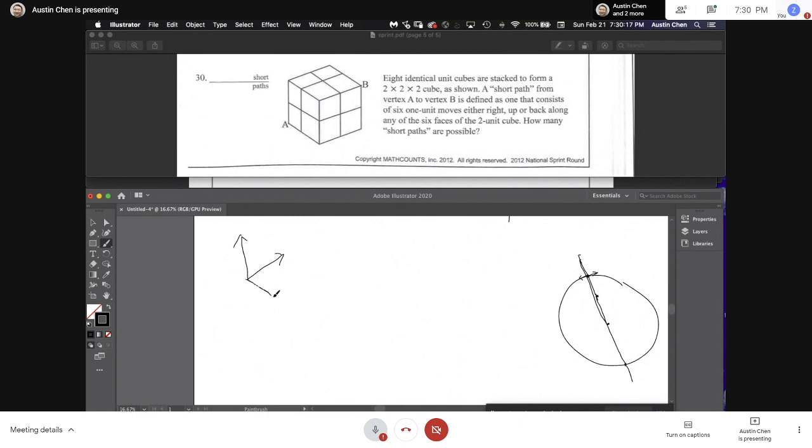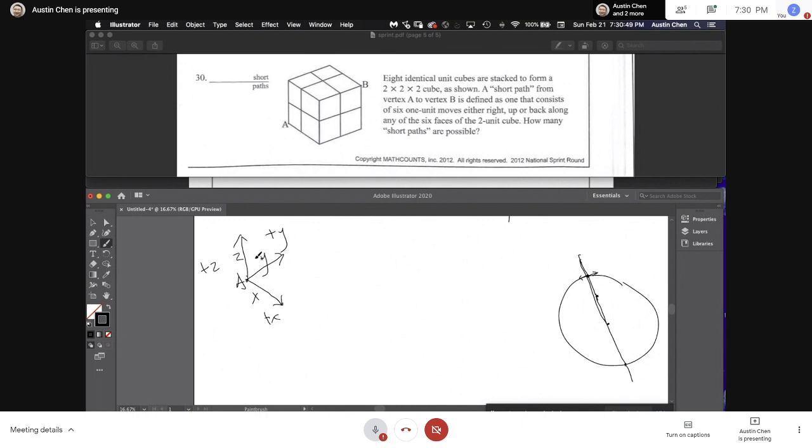So I'm going to draw three axes here, and let's label them x, y, and z, with point A here and the axes like this. If we're going in this direction, we're going in the positive x direction. In this direction, the positive y direction. In this direction, the positive z direction.